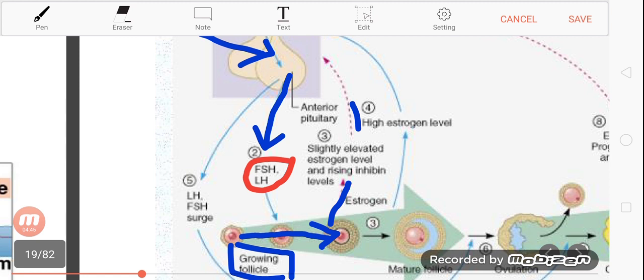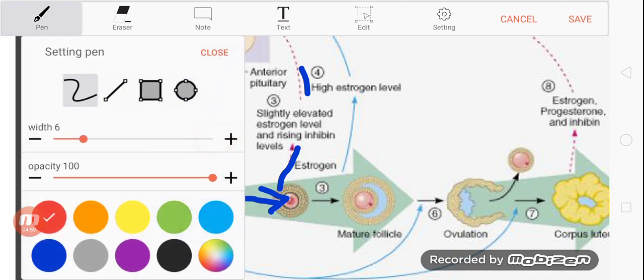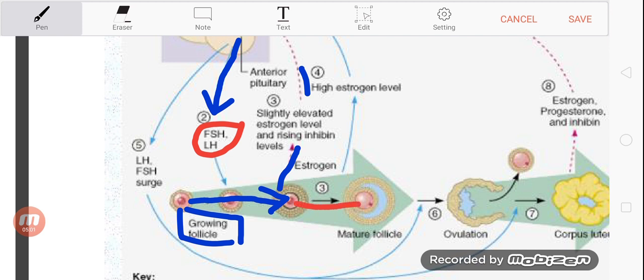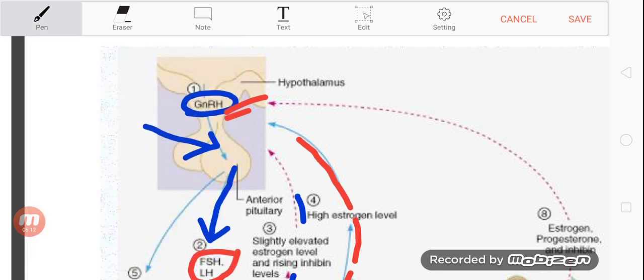But remember, these follicles develop and grow into mature stages, so the estrogen will be higher and higher. This high estrogen actually becomes positive feedback on the hypothalamus and anterior pituitary: it will stimulate, not inhibit, them to secrete.